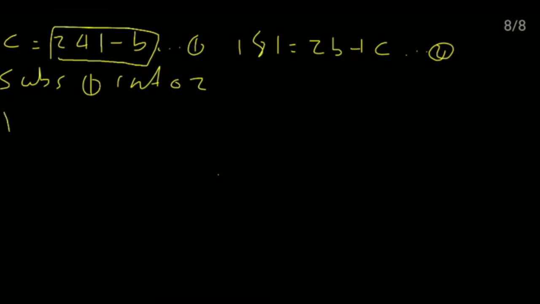Meaning I'm going to have 181 equals 2b plus 241 minus b.